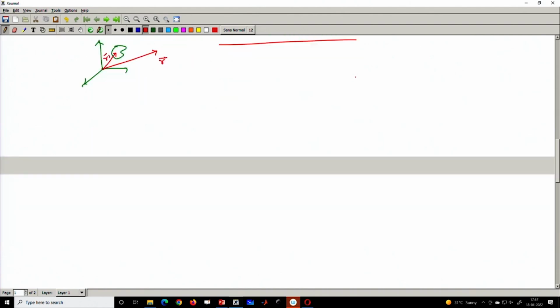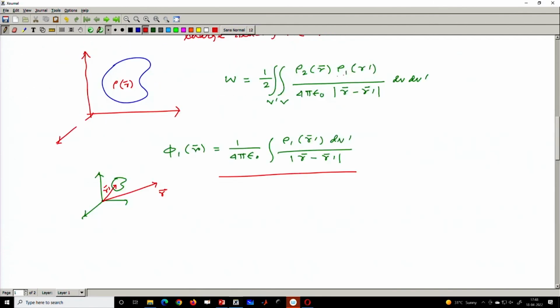Okay. Now if you look carefully inside the W, I already have this term. In the W I have rho 1 r prime, then r minus r prime, and then dv prime. So, all this term is in principle here.